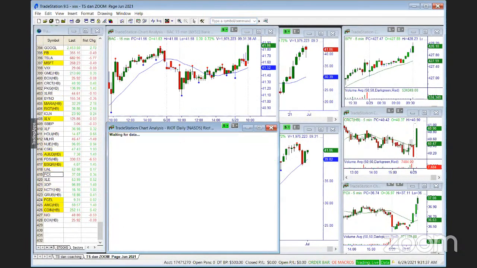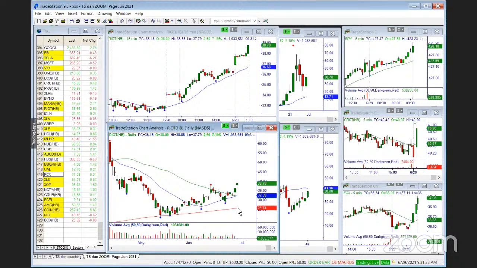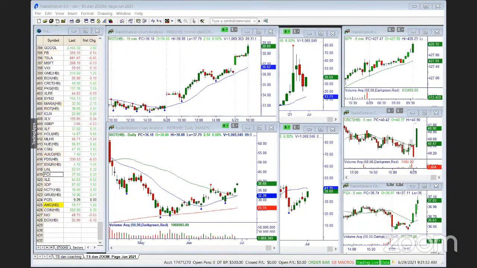Look at our little Riot here. Look at that beautiful pre-market I said. All right, like I said, we have two positions. So we bought yesterday 36.